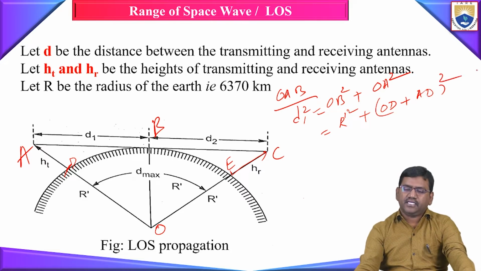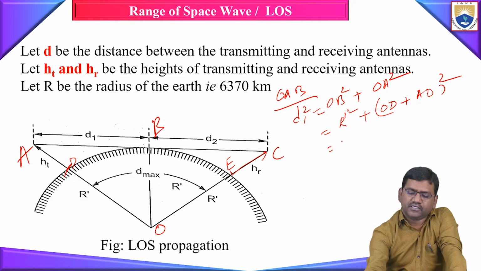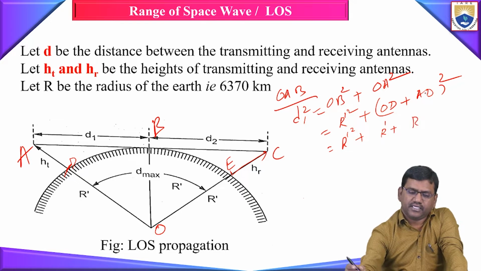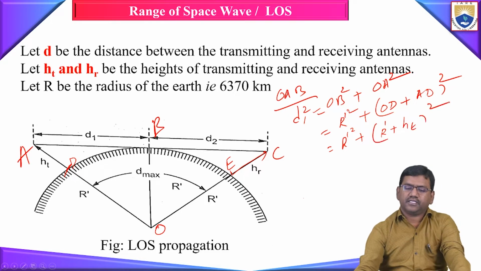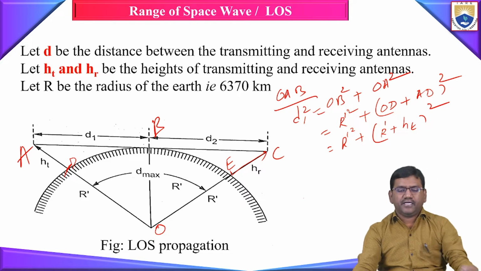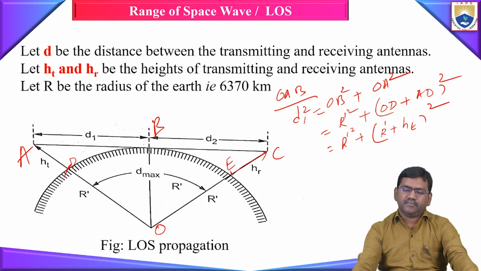So OA whole square is equal to OD plus AD whole square. What is OD here? OD is nothing but R dash, and AD is nothing but HT. So we are getting d1 square as R dash square plus R dash plus HT whole square.